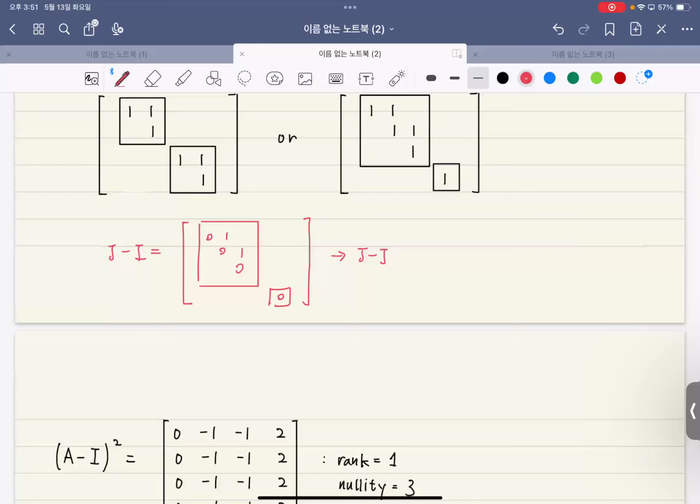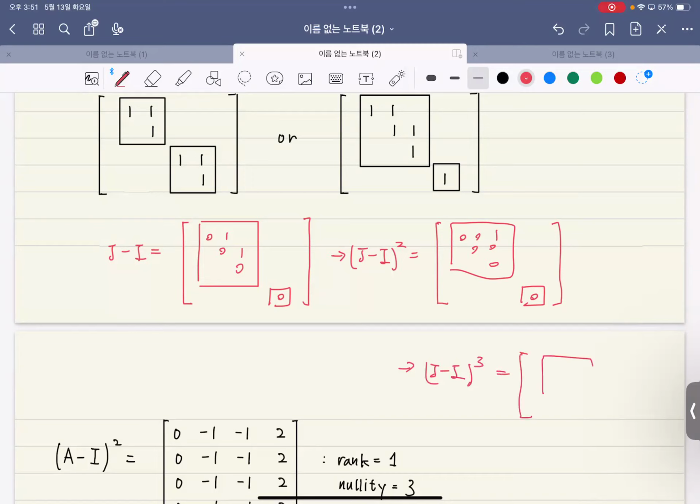And raising to the second power, I will get 0, 0, 0, and 0, 0, and 1, and still 0 here, right? And raising to the one last power, I will get all zeros, right?